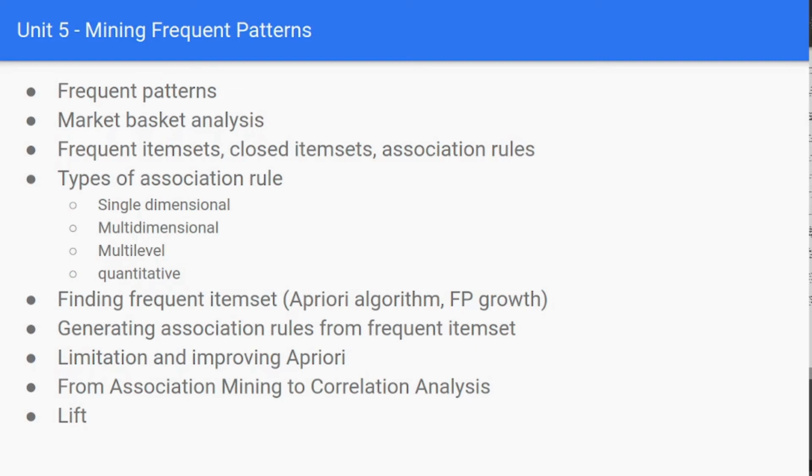And there would be generating association rules from frequent item sets, and what its limitations are and how we can improve those, right? And then from association mining to correlation analysis, and what lift is and everything. I don't know why lift was placed there, as if we would not already cover that in the topics above.